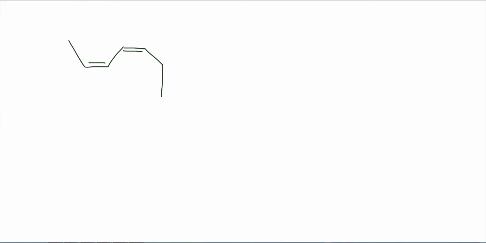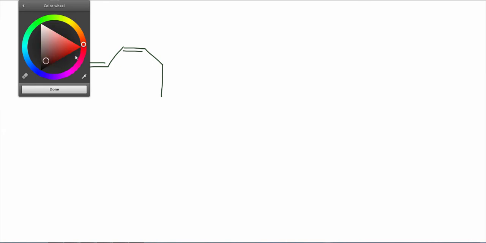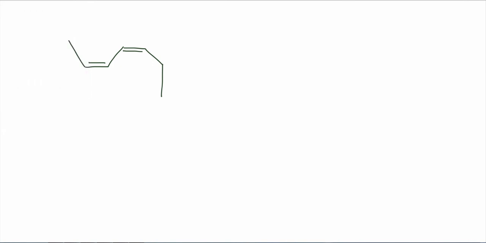Well, what is this? Well, let's start numbering. We want the lowest number for our first double bond is 1, 2, 3, 4, 5, 6, 7. Okay, so we have 2 double bonds. We know we're going to have a diene. So this is a hepta diene.